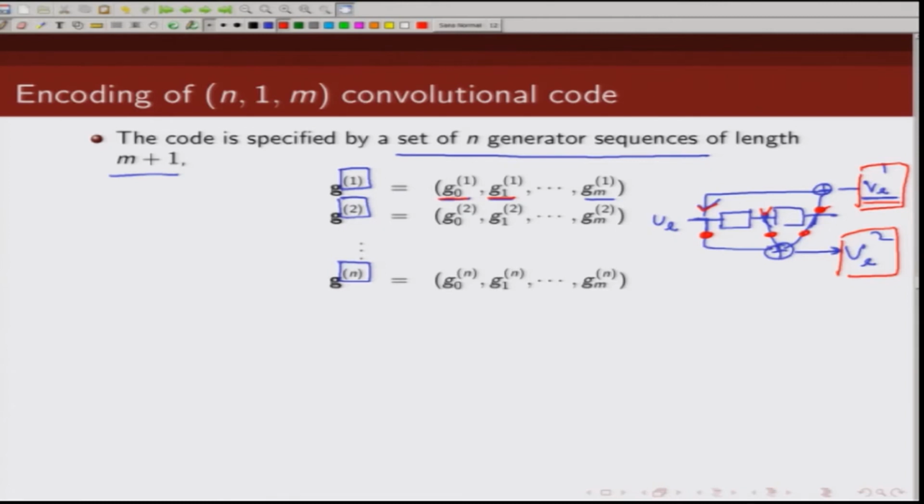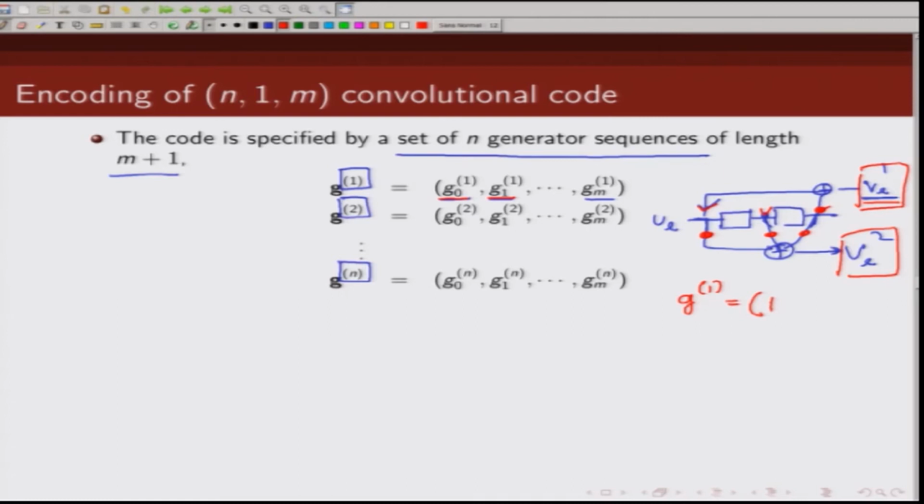So, what are these g_0^1 and g_1^1? They are either 1 or 0: 1 means they are participating, 0 means they do not participate. For example, in this example, is u_l participating in the output sequence v_l1? Yes, it is, so g_0^1 will be 1.